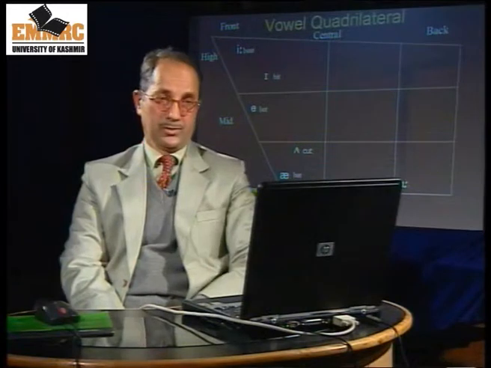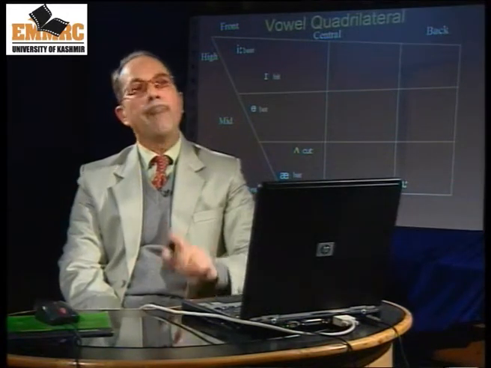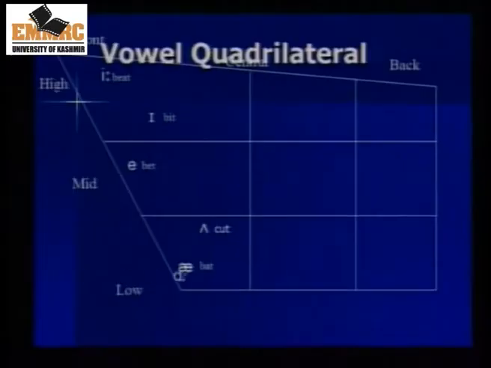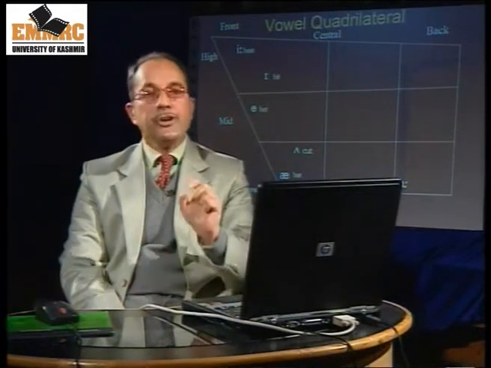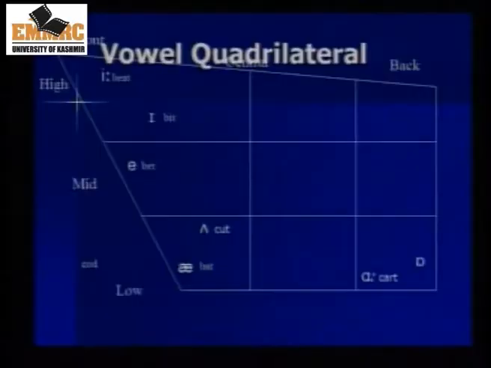Now we move towards the back of the tongue, and this vowel, which is a long vowel, is produced at the back of the tongue, but not as back as cardinal vowel number 5. As in cart, cart.